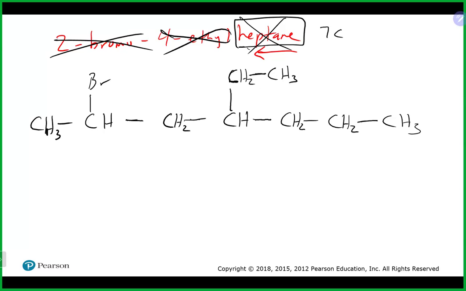By the way, if I wanted to do a line structure like this, I would do the same thing. I would start with 1, 2, 3, 4, 5, 6, 7 carbons. And again, you could choose left to right or right to left. I again will start with carbon number 1 on that guy. That means for me at carbon number 2, I should draw a line and a Br, right?